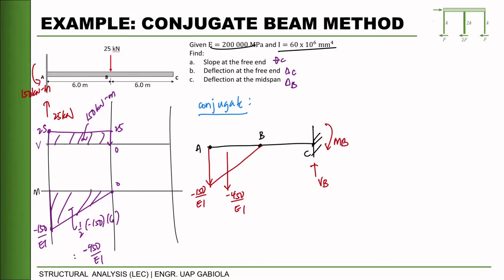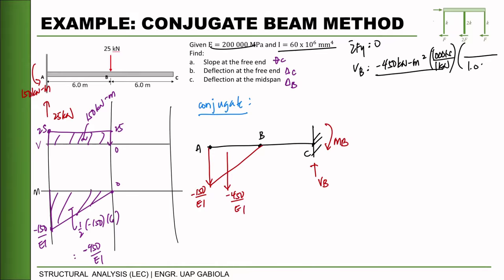For shear, that's summation of Fy. So VB is equal to negative 450 kilonewton meter squared over EI. So let's put it here. We need to convert the kilonewton into 1000 Newton, and the meter into 1000 millimeter.